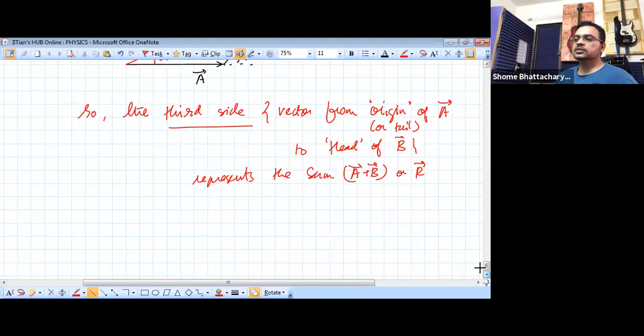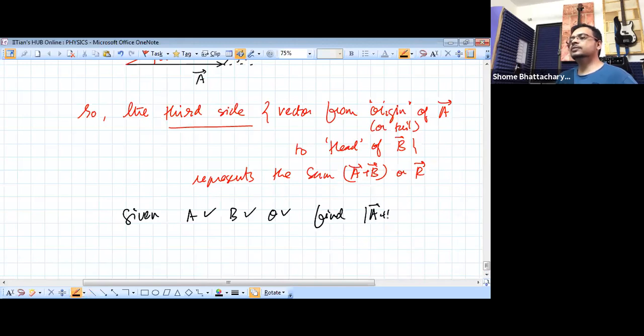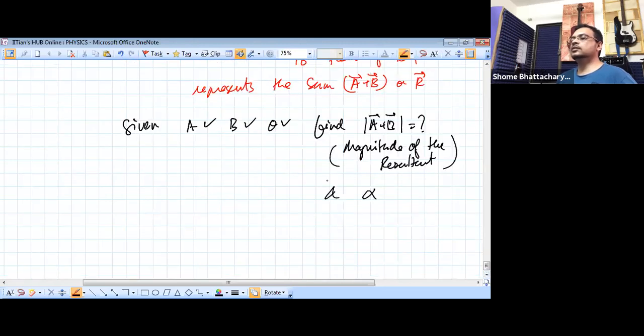Now the question becomes how to find, given the magnitude of vector A, the magnitude of vector B, and the angle theta, two things: the magnitude of A plus B, which is nothing but the magnitude of the resultant, and also alpha in that diagram, that is the angle of the resultant A plus B with respect to A. That angle will give us direction.